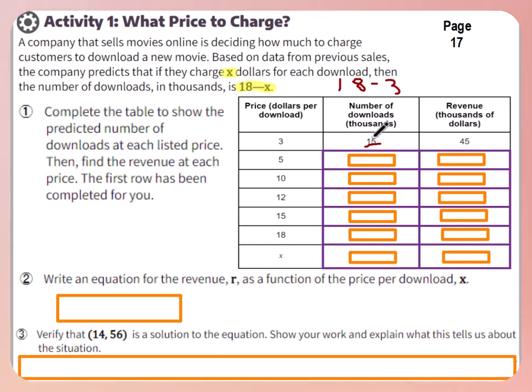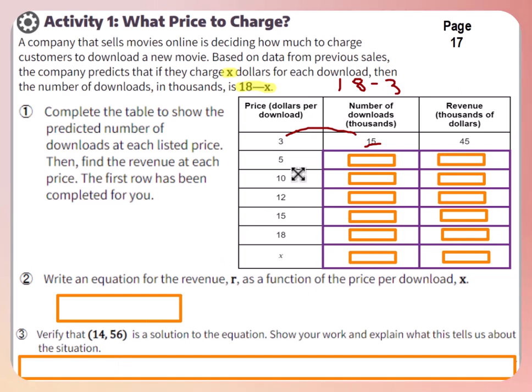Now we're going to multiply 3 times 15 to get the revenue. How much is made when we sell that in thousands of dollars? The number of downloads, so we have 15,000 times 3 is 45,000.